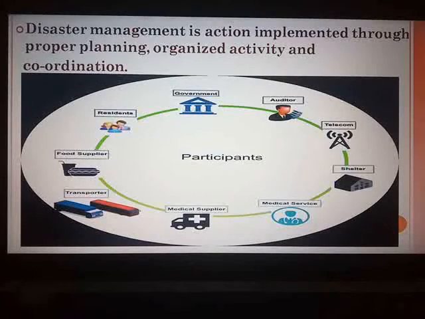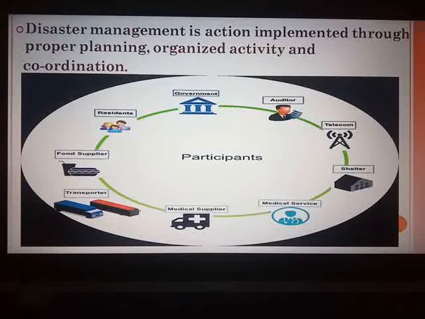So what is included under disaster management? First is proper planning, because the after effects of each and every disaster are different. After an earthquake, the victims are mentally and emotionally imbalanced, so during or after an earthquake, the people have to be shifted to a different place.